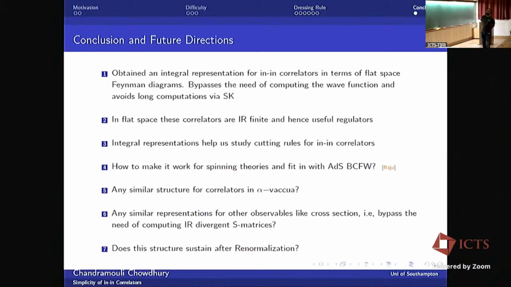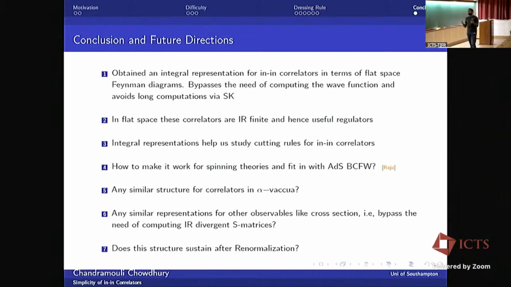Good. So now I'll conclude. So the summary of the talk is that we obtained an integral representation for NN correlators in terms of flat space Feynman diagrams. And this bypasses the need of computing the wave function coefficients and also avoids any long computation using Schwinger-Keldysh.